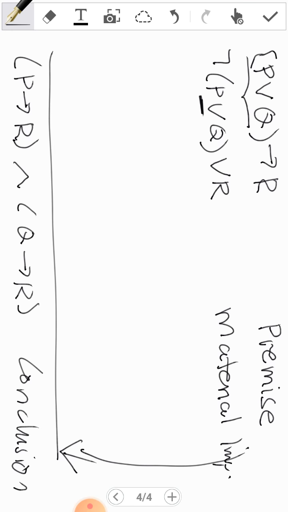And De Morgan's rule states that if we have a conjunction or a disjunction preceded by a negation, we can distribute the negation to our propositions and then change the connective. If it's a disjunction, it becomes a conjunction. If it's a conjunction, it becomes a disjunction. And then that's our R.